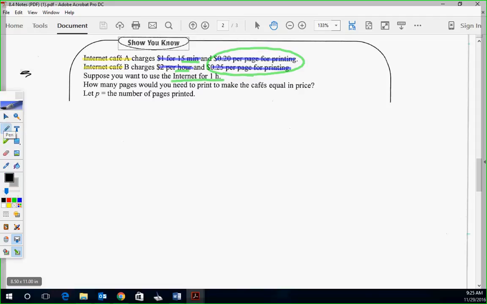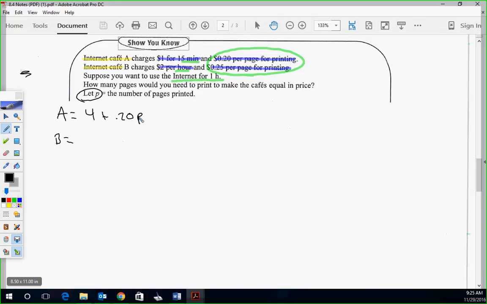P, they tell us, is the variable we want to use. I'm going to do the A equation and the B equation, and we'll set them equal to each other last. If it's $1 for 15 minutes, how much is it for an hour? $4. So $4 plus 20 cents P is Internet Cafe A, or 0.20p plus 4.